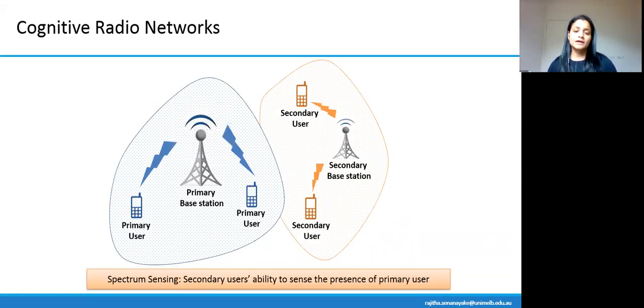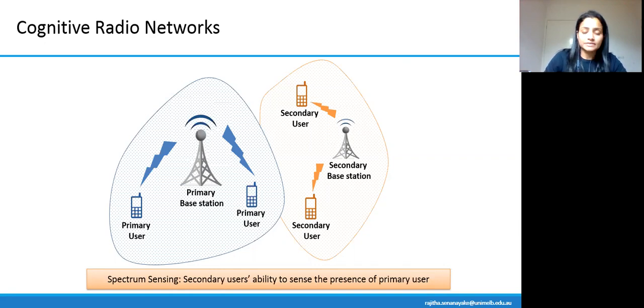Okay, so to start with, as wireless communications researchers, one of the major problems that we face today is that we have this limited frequency spectrum, but there are more and more users coming into the network. So we want to make sure that this limited frequency spectrum is properly utilized.